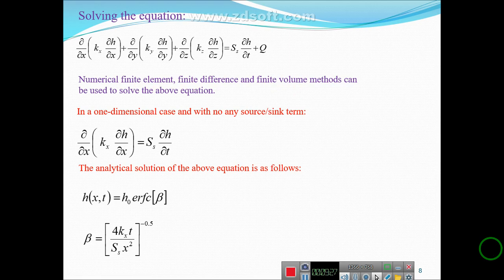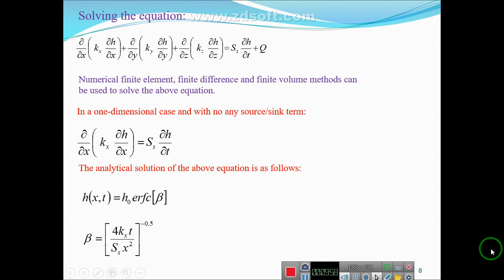But in a one-dimensional case, and assuming that there is no source or sink term due to recharge or discharge, in this case this equation reduces to this one. For this equation, there is an analytical solution.